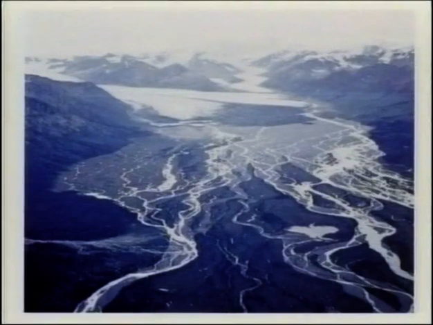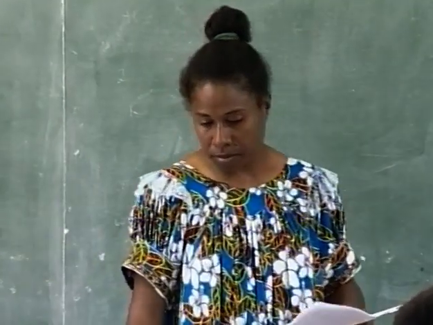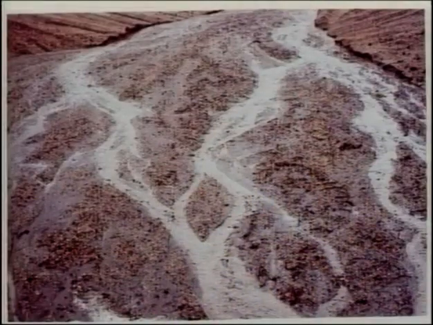You can also see the well-developed floodplain, that is the area from one bank right across to the other side, and all of that has been formed as a result of erosion and deposition. Depositional features, again, mainly looking at sediments or sand, and you note the braiding of the river in this particular photograph. This is at the mouth or the last stage of the river valley we're looking at.